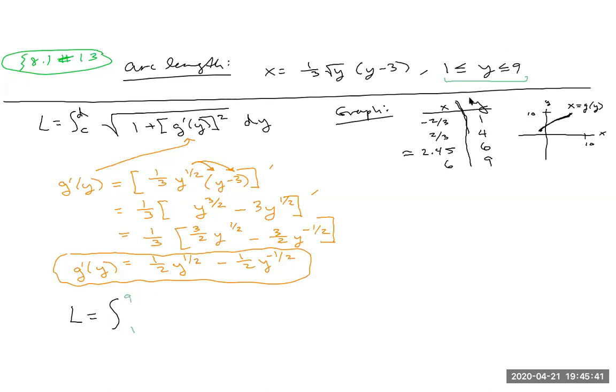You're going to have your square root, and then 1 plus, and g prime of y is going to go in here. And then via our formula, we're going to be squaring that.